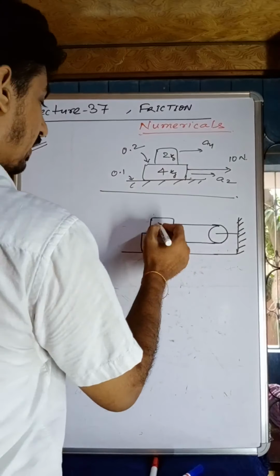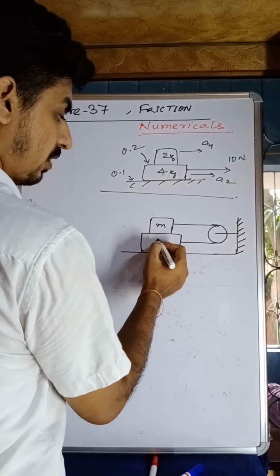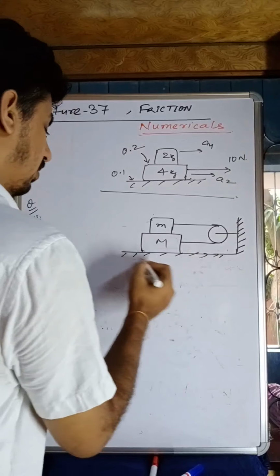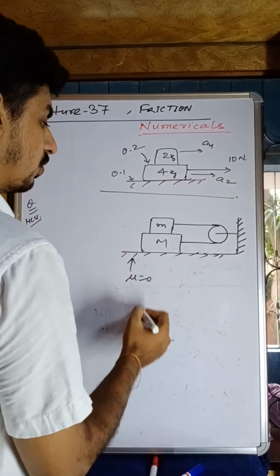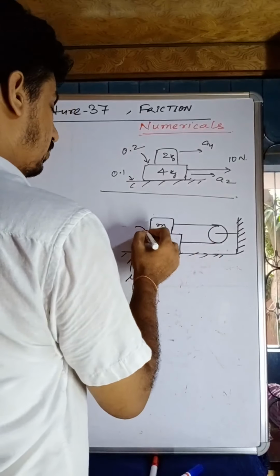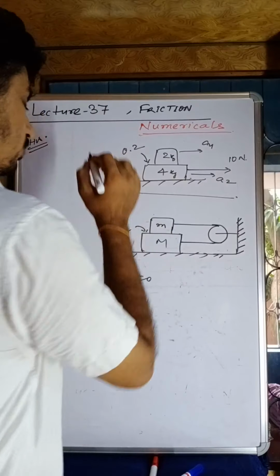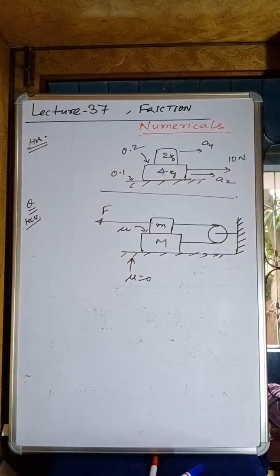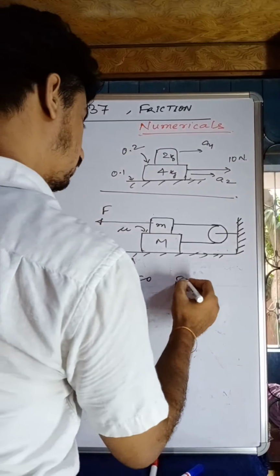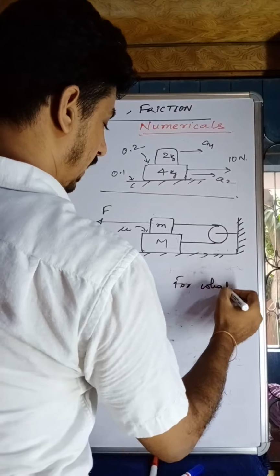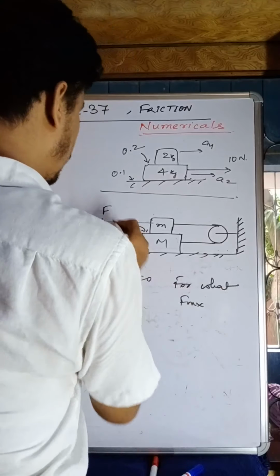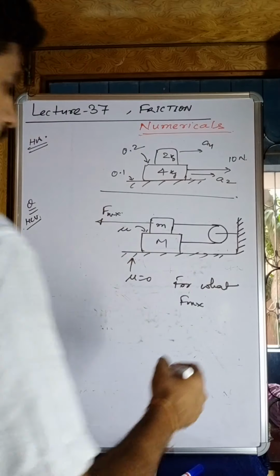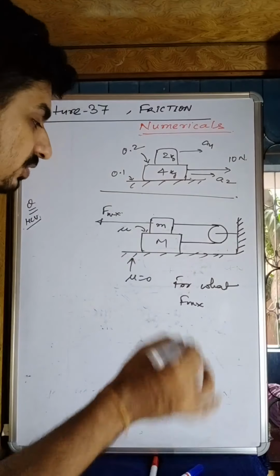Now we are going to apply masses here, suppose small m and capital M. Here it is frictionless, mu is 0, but the friction between these two bodies is mu. Now you have to apply a force. Alright, now the question: for what value of F max that you have to apply? What should be the maximum force applied? What maximum force can be applied?